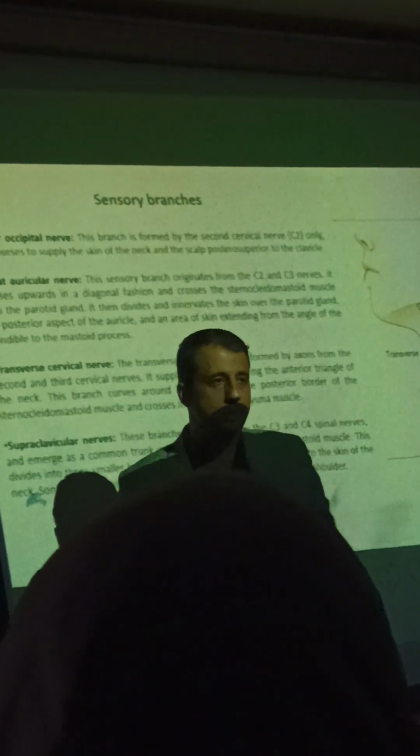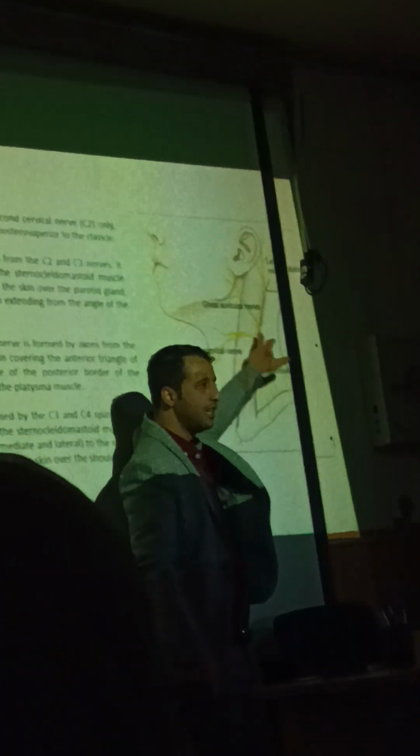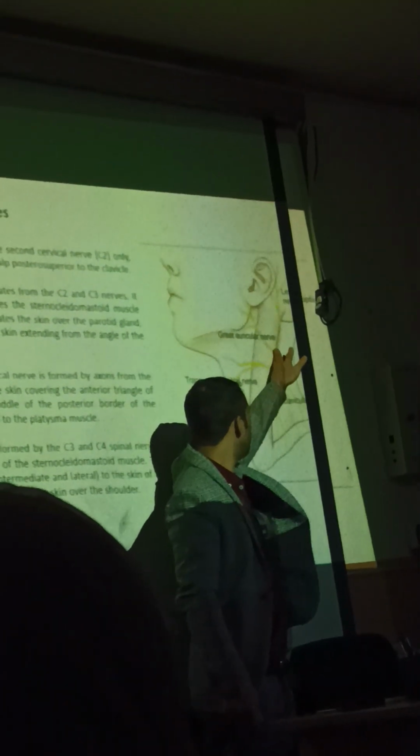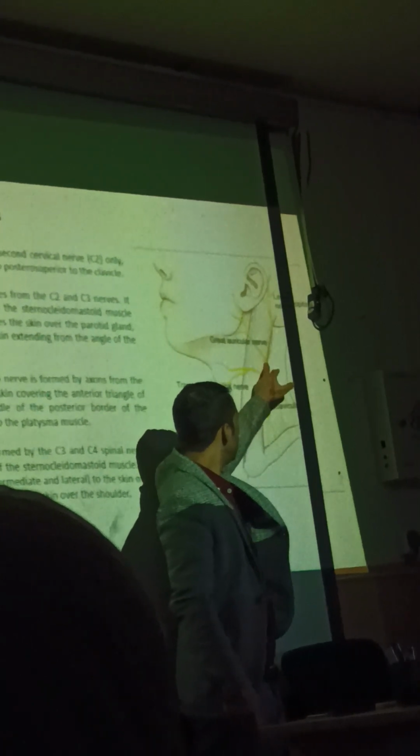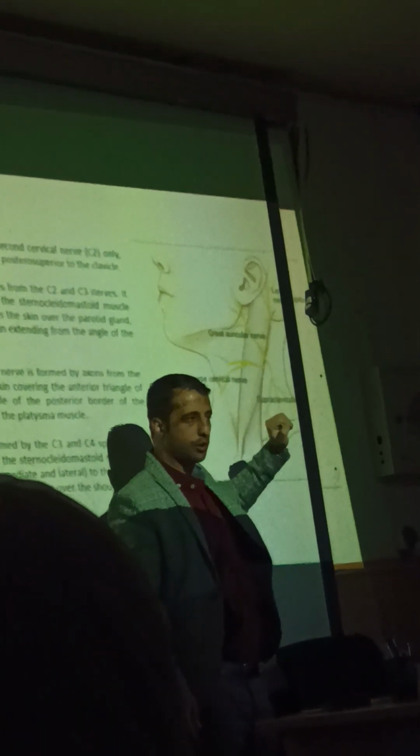See here. This branch is the lesser occipital nerve. First, you know that all of these branches emerge at the posterior border of the middle part of SCM. Okay?